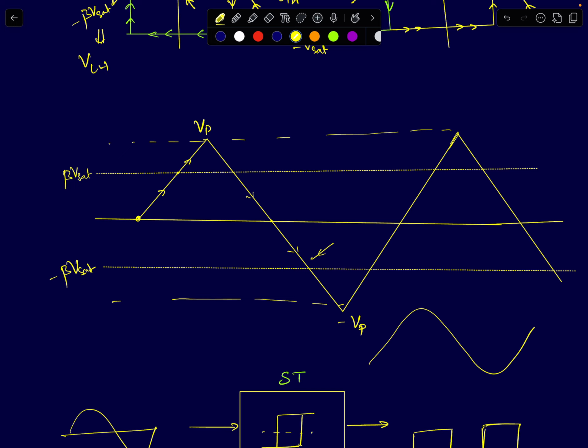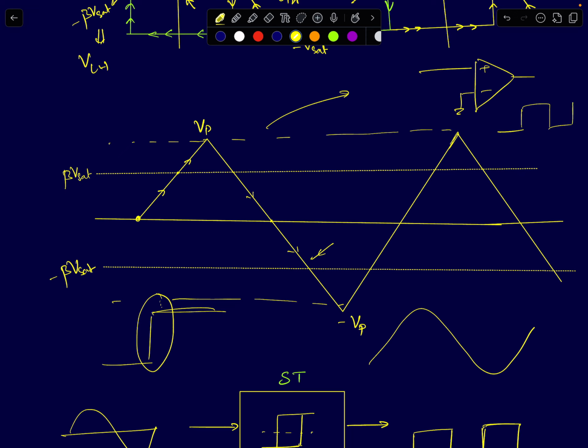When you pass them through a Schmidt trigger, the output is going to be just a square pulse, and for a square pulse, the edges will be very sharp. So you can see a Schmidt trigger as an edge sharpener. For example, if I just directly pass this through a comparator, let's assume an open loop comparator as a zero crossing detector, then I'm just going to get a square wave where the rising edges match the zero crossings of this waveform.